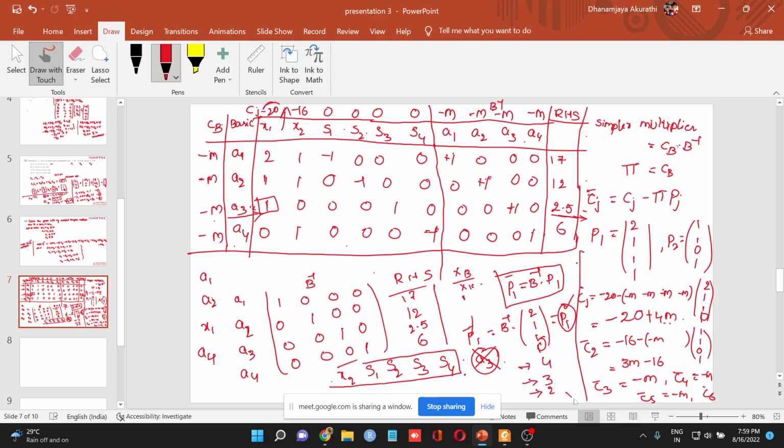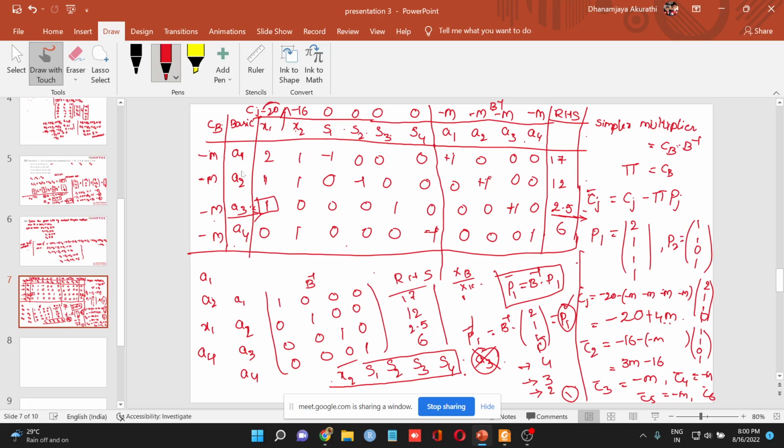This continues until we get no non-basic variable that is eligible. We come to conclude when to stop the procedure: here the decision variables are x1 and x2, and in the last iteration we may get the basic variables related to x1, x2, s1, s2, s3 or s4, and it may not contain the artificial variable. Any 4 of these variables would be the basic variables in the last iteration.